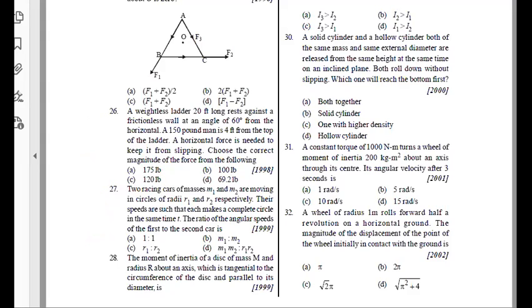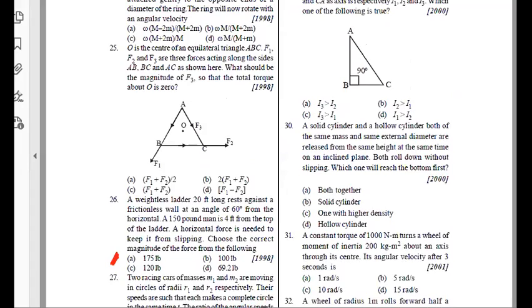Yes. Okay, now 27 everyone. 27 is easy, you can do. 28. 28 is an example of the parallel axis theorem. We have solved it, right? Tell me what's the answer of 28?